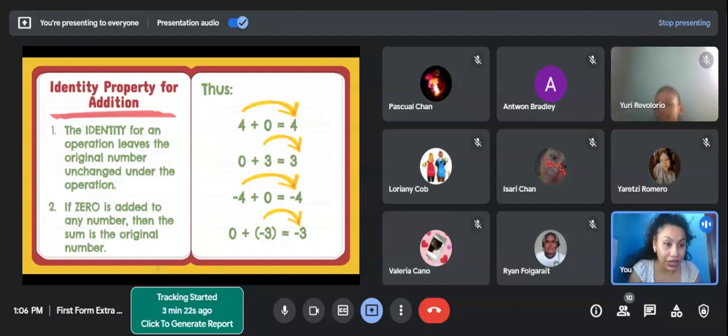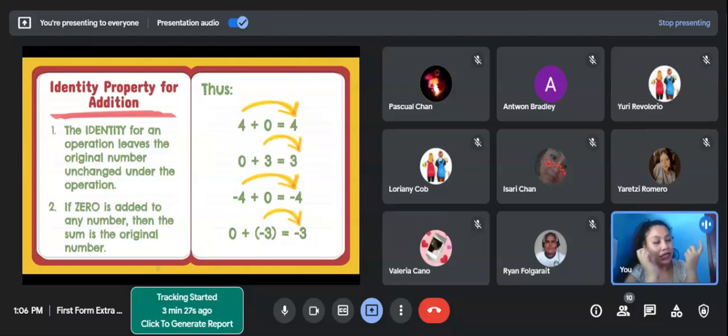So now the identity property for addition says if I have a number and I want my answer to be that same number, the only way that I can get that is by adding 0. Because 4 plus 0 gives me 4. 0 plus 3 gives me 3. Negative 4 plus 0 gives me negative 4.